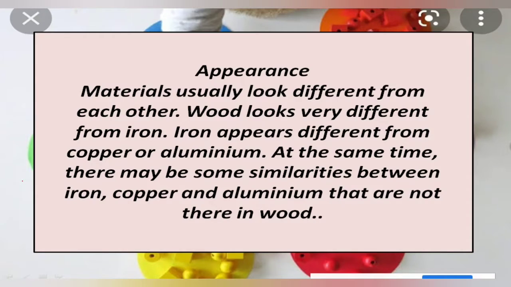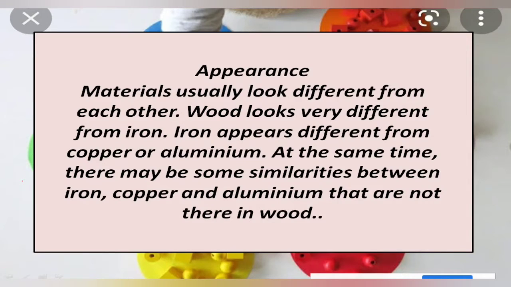At the same time, there may be similarities between iron, copper, and aluminium that are not in wood. Now, let me explain. I just gave you an example of a copy and a book. The copy looks smaller than a book and the book looks larger than a copy. So, this is the difference between these both. Now, when I talk about similarities, these both materials are used to study only.